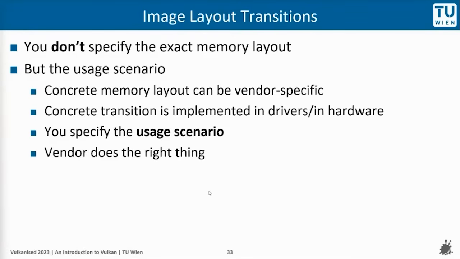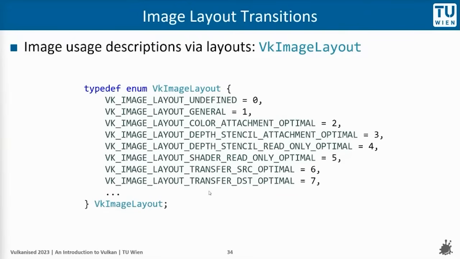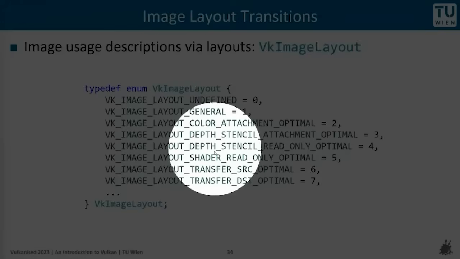So you do not specify the exact memory layout. You specify the usage scenario. So whenever you do some operations, you should, as a best practice, first transition, that is the correct word, transition that image into the appropriate layout for the operation. And you specify the usage scenarios based on the values provided by the Vulkan API, which can be, for example, undefined.